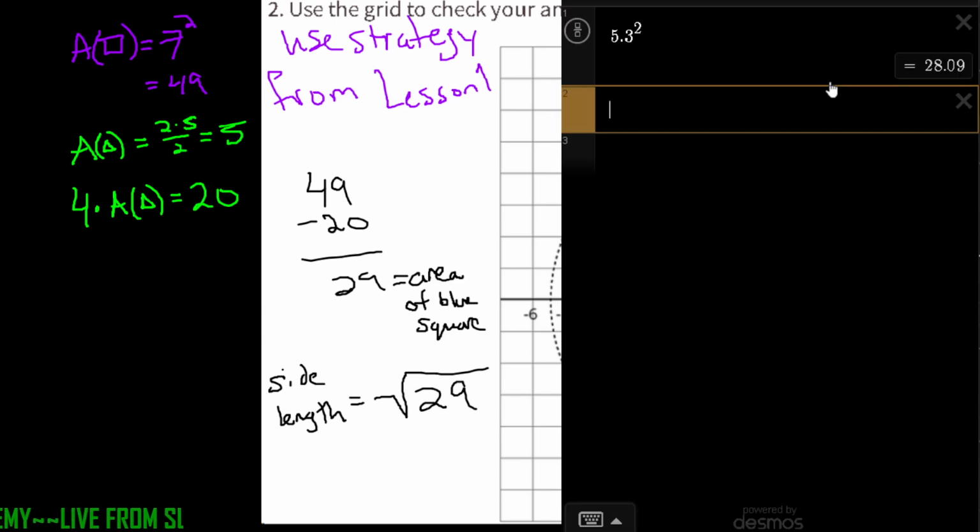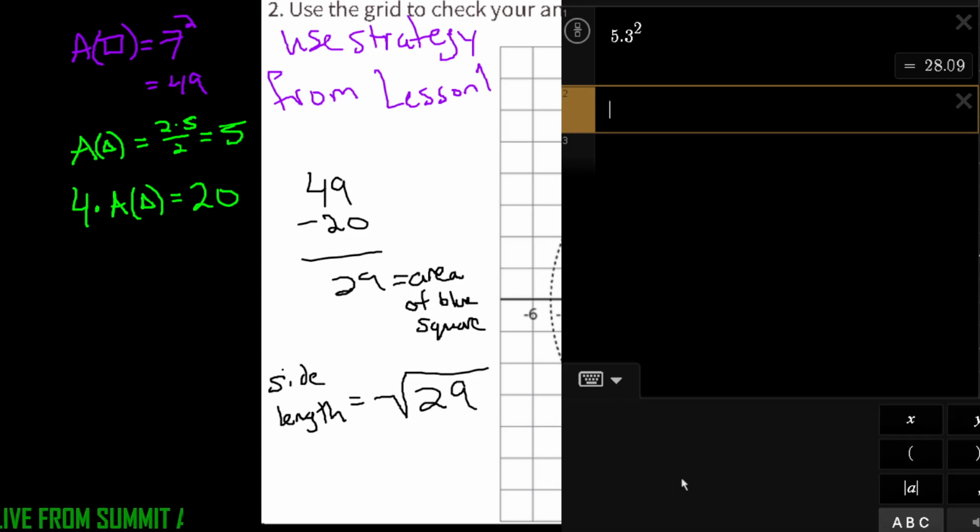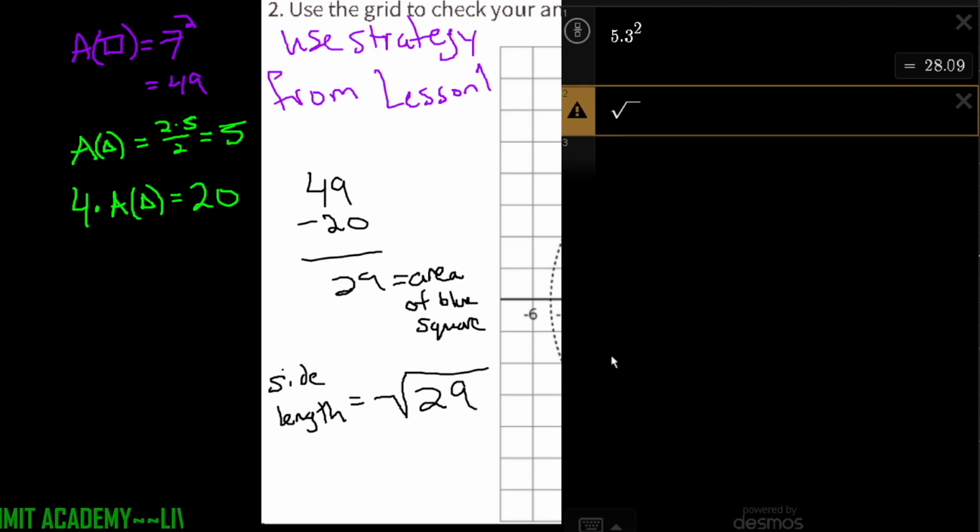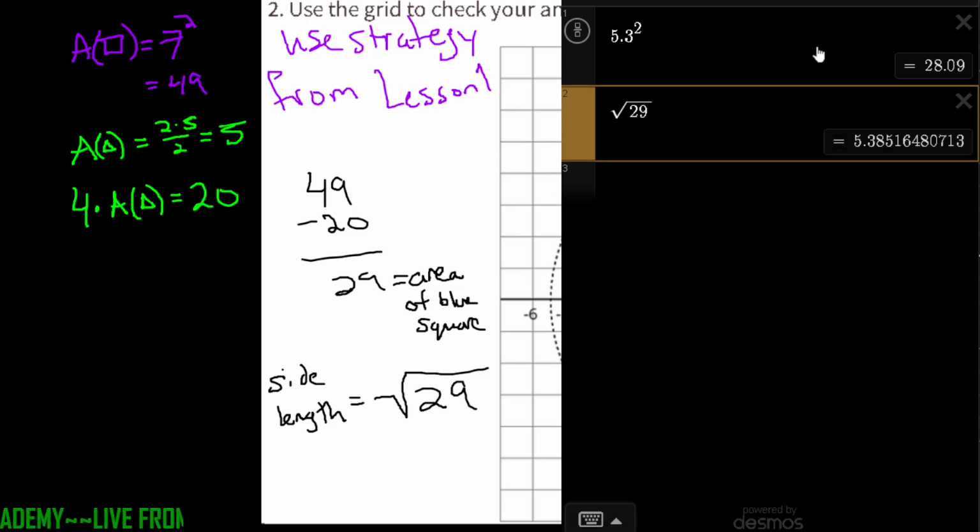Actually, I could say I want to compare it. So if I hit that square root button and type in 29, it's pretty close, because if I look at my decimal, it's really close to 5.3. So that was the estimate. I kind of eyeballed it and said it's going to be close to 5.3.